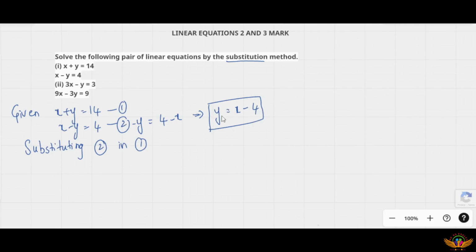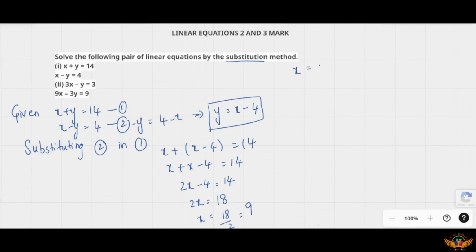Now substitute y equal to x minus 4. x plus y, that is x plus x minus 4, is equal to 14. 2x minus 4 equal to 14, and 2x is equal to 14 plus 4, that is 18. x equal to 18 divided by 2, that is 9. So we got the x value as 9.